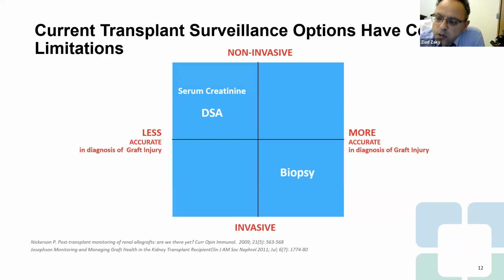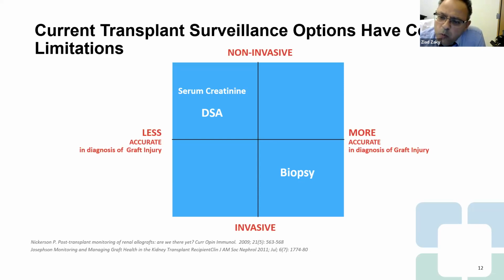So this is where we are now. We have less invasive markers like serum creatinine and donor-specific antibodies, and we have the more invasive, more accurate kidney biopsy.